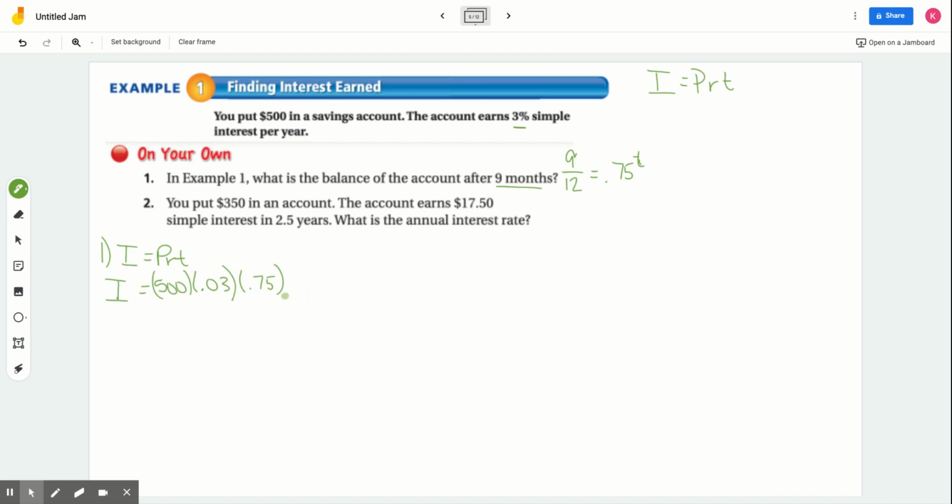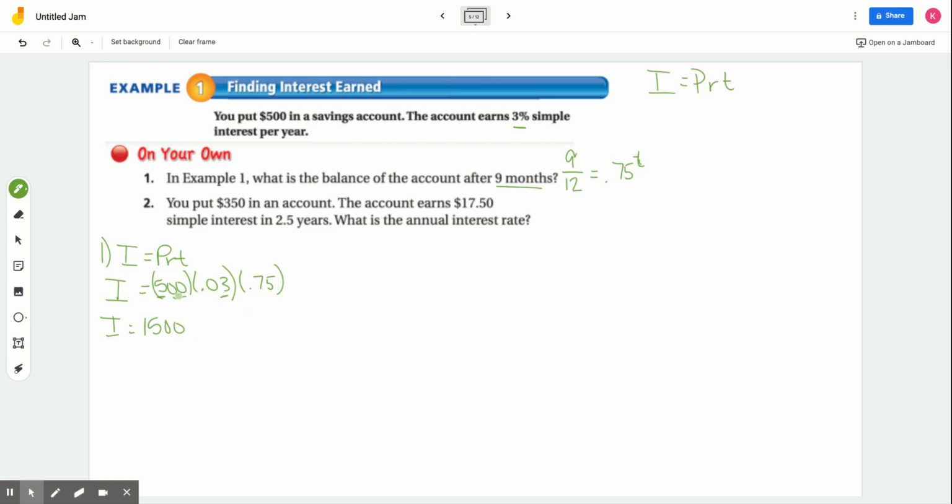Now, these numbers here are all being multiplied. So what I like to do is use mental math to see if I can multiply any of them to make it a little easier before I have to do long multiplication. So I know that 5 times 3 is 15, and I have 2 zeros to add on the end.